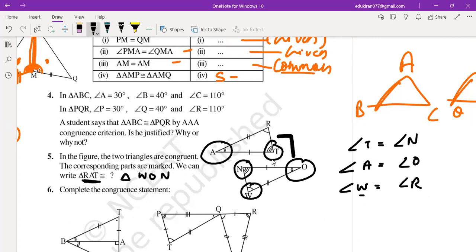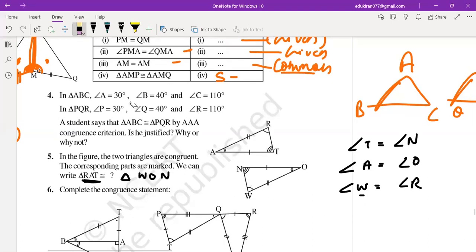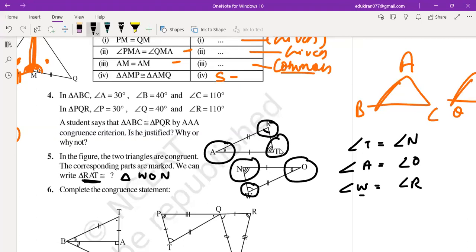Right? And in the figure, in case any of you is having a doubt how to find whether R is equal to T or this, you can see in this they have a single angle mark. So here, single angle, they both are equal. Here you have two lines for the angle. So this is equal to this. And here you have three. So this is equal to this. Clear?